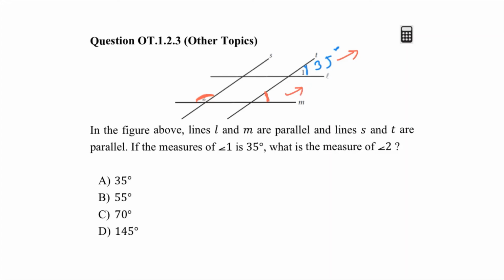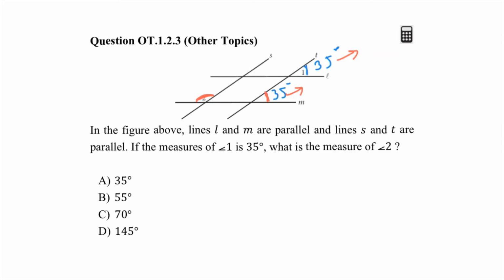Remember for the corresponding angles, this also faces the same direction. So these two angles above line L and line M face the same direction. It means they are corresponding angles. If they are corresponding angles, they are exactly the same angles. This is 35 degrees. This angle is also 35 degrees.